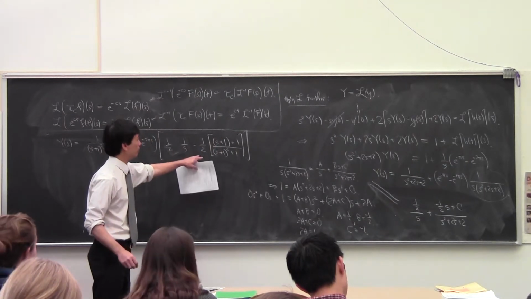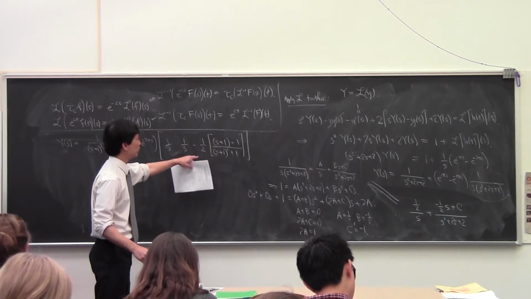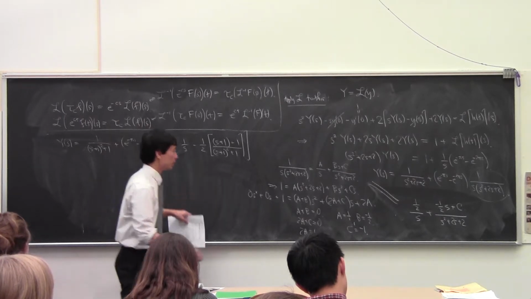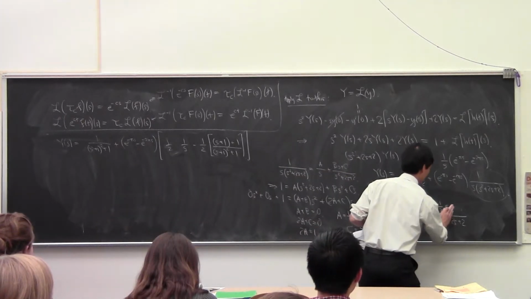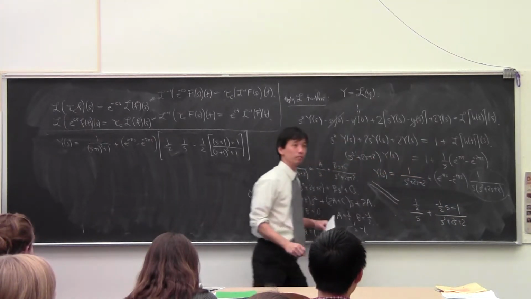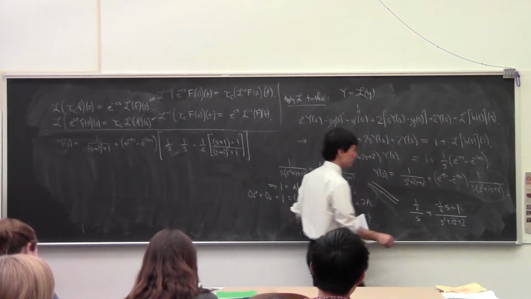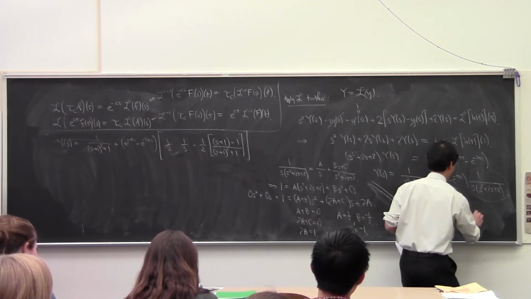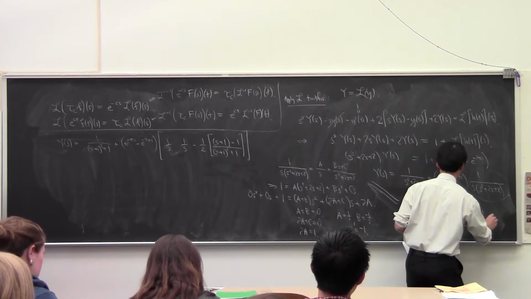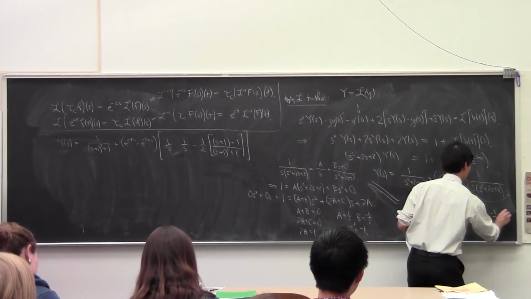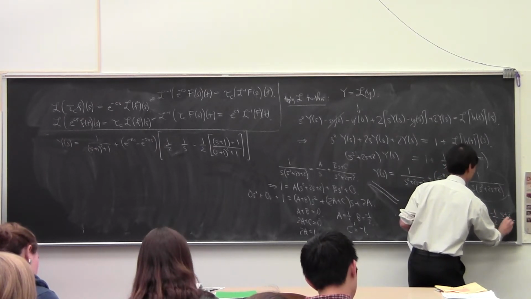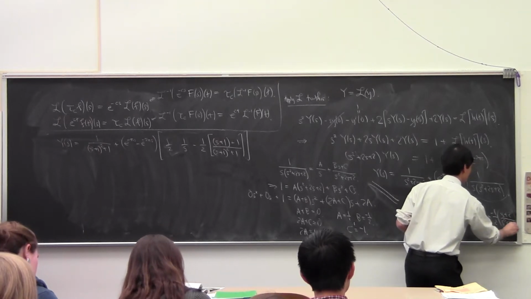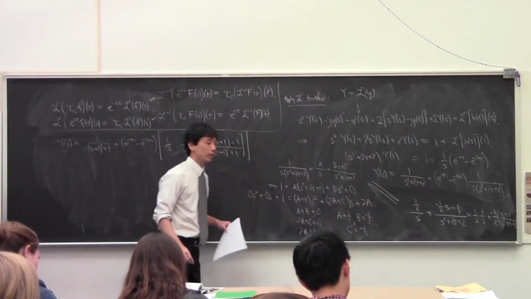And you factor out the minus... wait a second. Yep, that C should be negative 1, sorry. Negative 1. Right? And so if you factor out, this is a half of 1 over s minus a half of (s plus 2) over s squared plus 2s plus 2. Right, which is what we get.